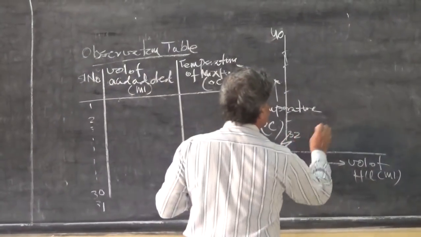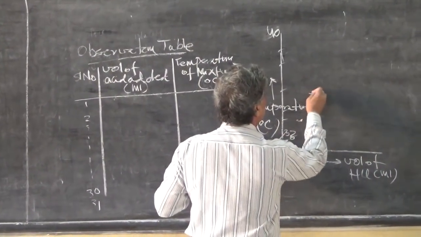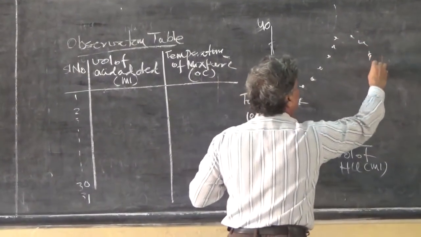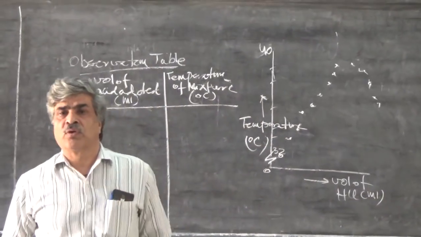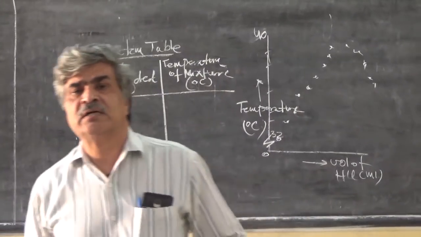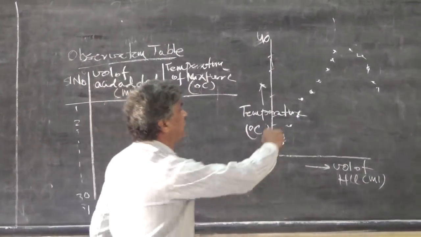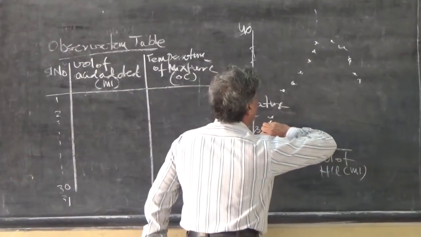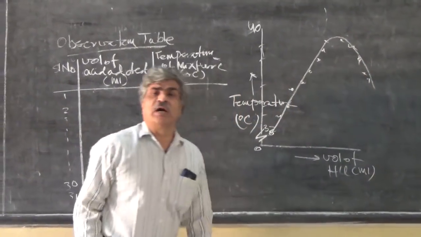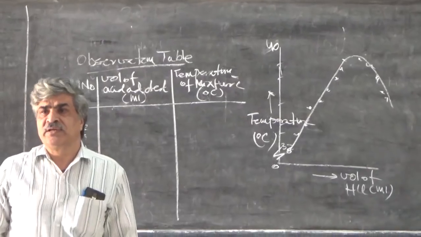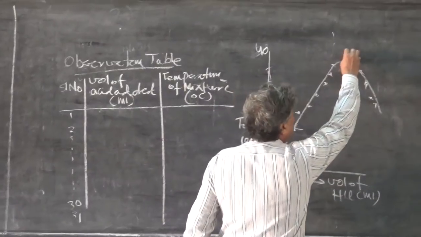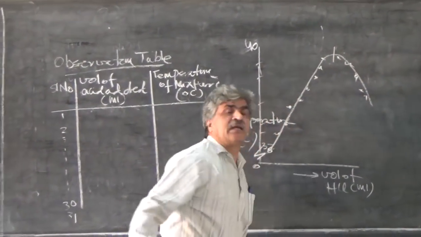When we indicate the temperature points on the graph, we don't join the points. We draw a freehand graph and then note down a particular highest point.